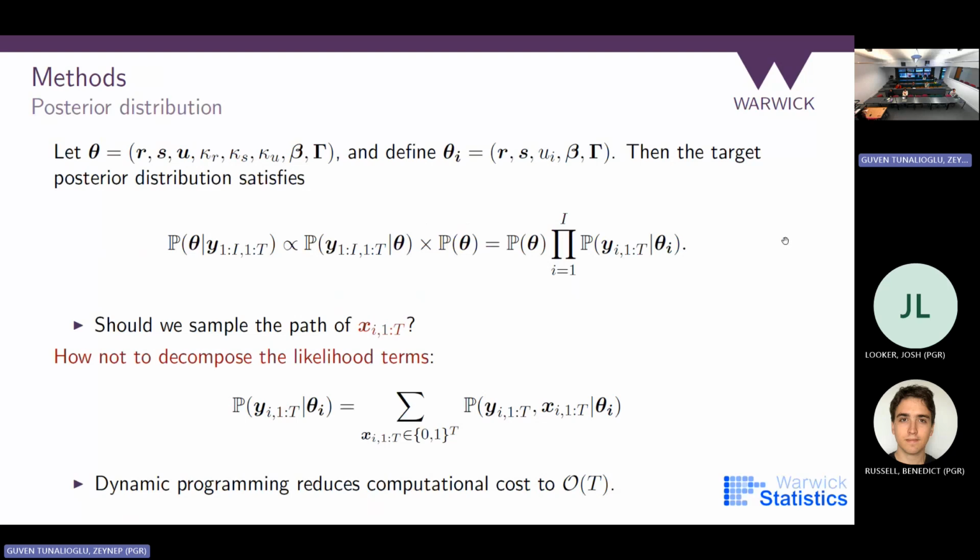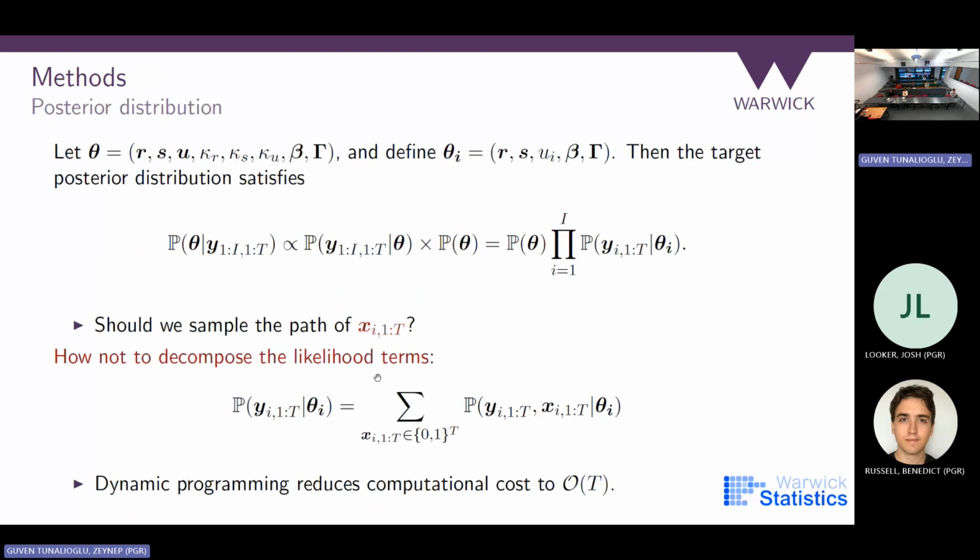So we sample the path of that, and then we have a closed form expression for our likelihood. But that's very expensive to do, because it's discrete. You don't have a continuous log posterior anymore.